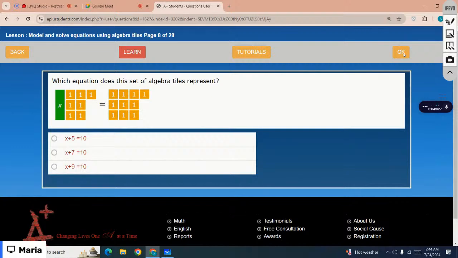Leave it please and focus on the lesson. That is x plus 7 equals 10. Okay, you can complete the lesson by yourself later today.